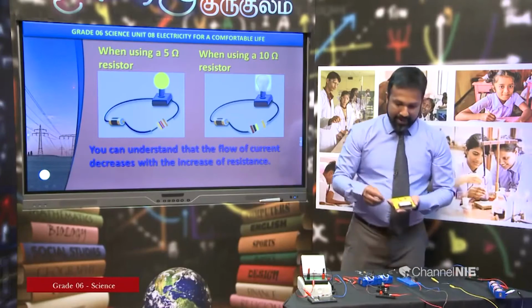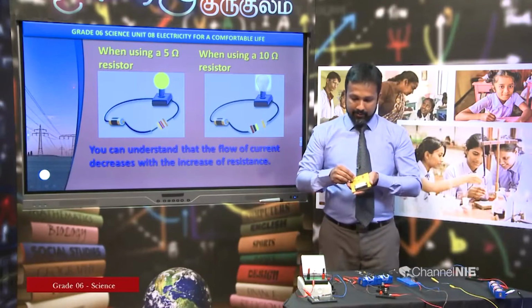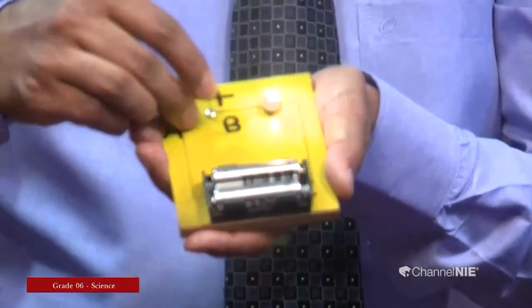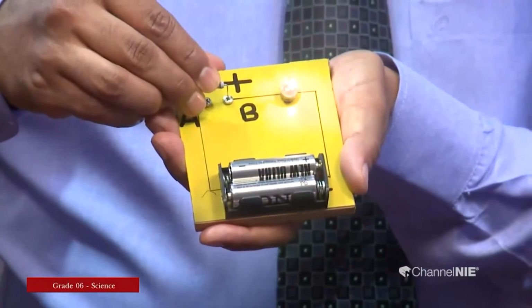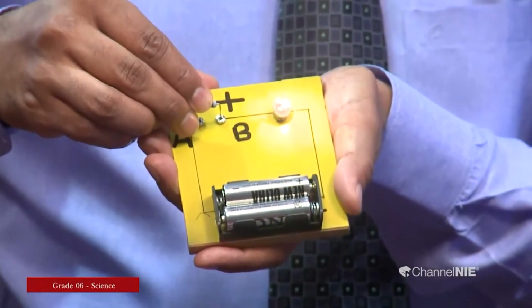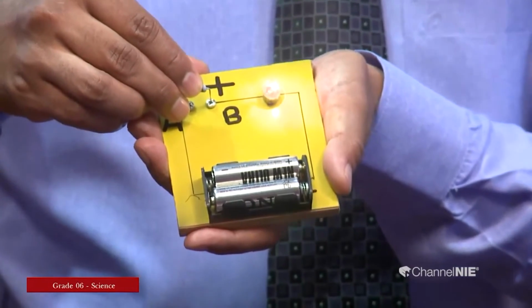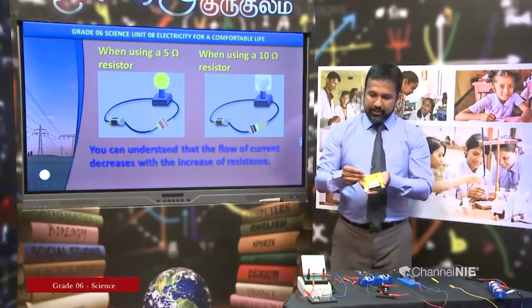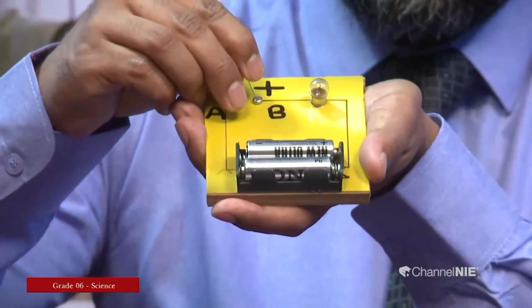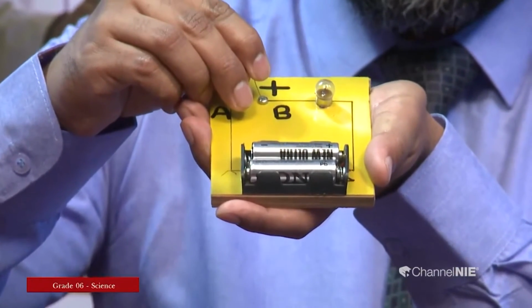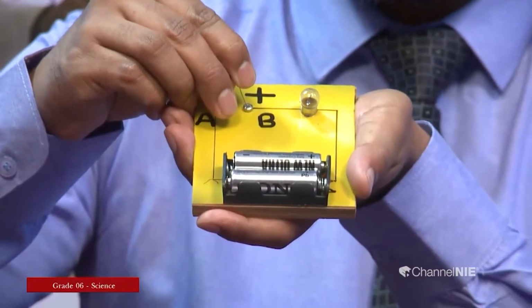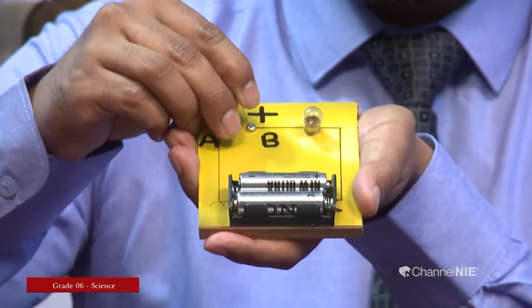We can do the same activity again. The bulb glows with the 5 ohm resistor with a little brightness, but with the 10 ohm resistor the bulb glows with a very little brightness. It is invisible, right?